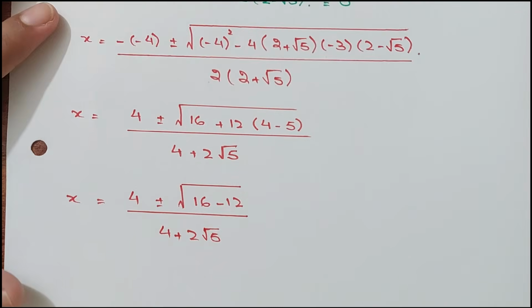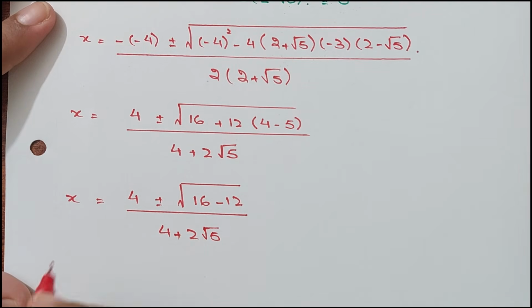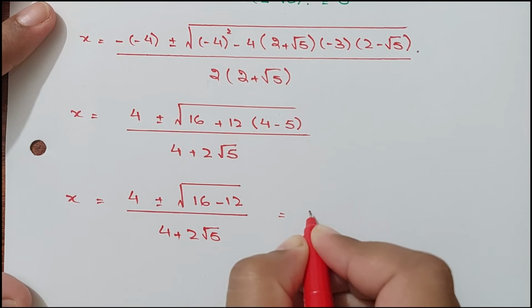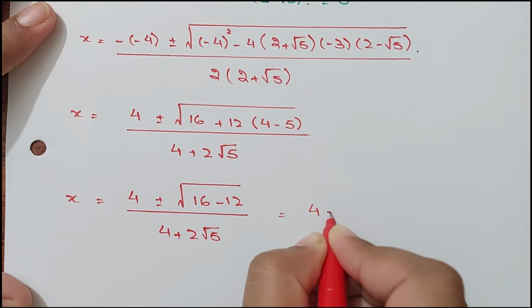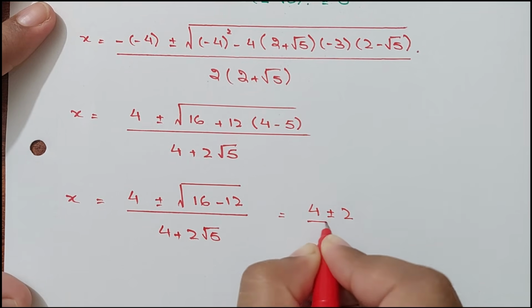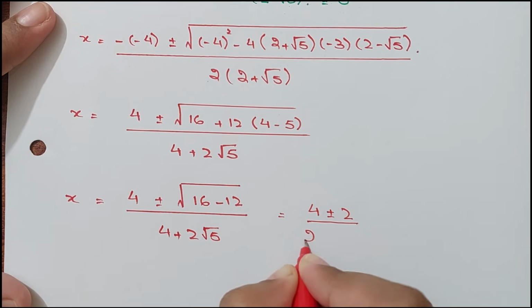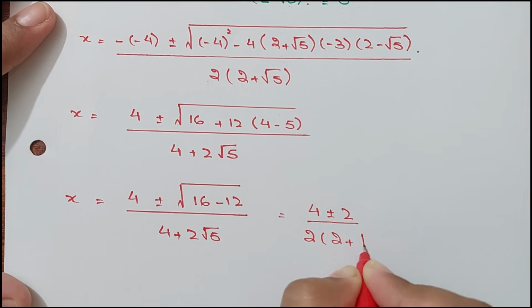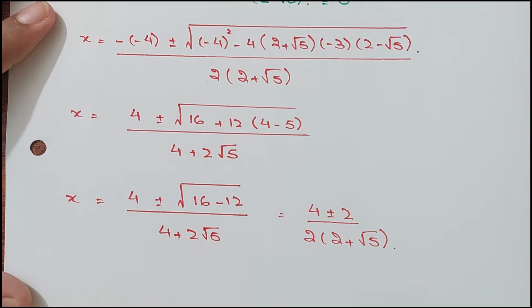And 16 take away 12 equals 4, and the square root of 4 is 2. So x equals 4 plus or minus 2, divided by 2 into 2 plus square root of 5. Now we have to convert this into a plus b square root of 5, so we have to rationalize this.